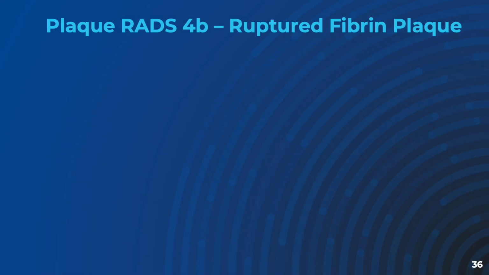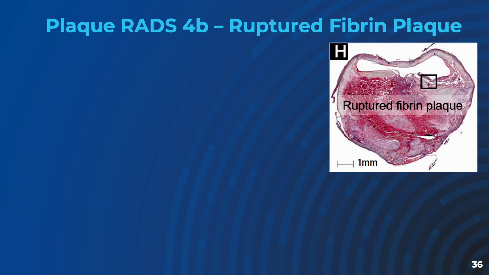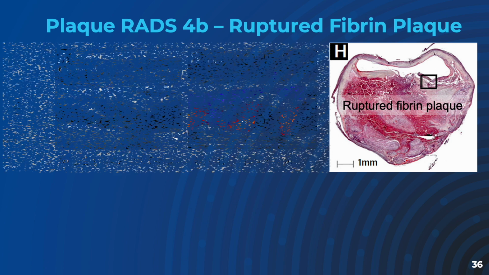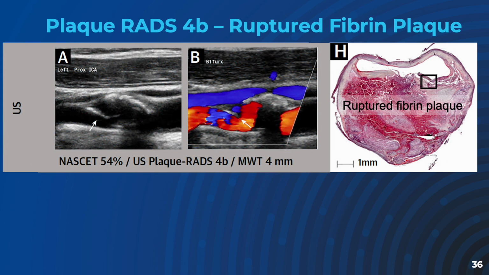Plaque-RADS score of 4B is a ruptured fibrous plaque, as shown here on histology. And here's an example of a ruptured fibrous plaque on ultrasound. So what we see is that there is a free flap visible in the lumen that's hyperechoic.